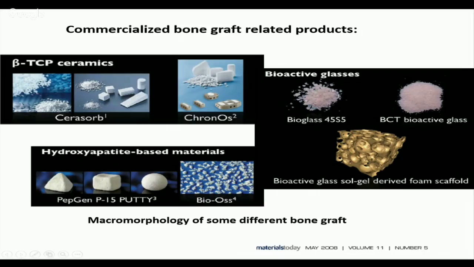So bioglass flakes, and this bioglass has very poor mechanical properties, but it has extremely good soft tissue adhesion and bone adhesion properties. So that is why, instead of using it for load bearing applications, it is mostly used for filling the voids.